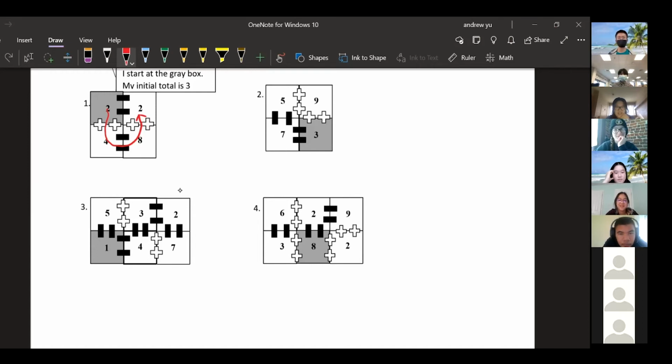I guess right and up. But does this equal 0? We'll find out. 1 minus 5, -4 plus 3, -1 minus 4, -5. Does that equal 0?